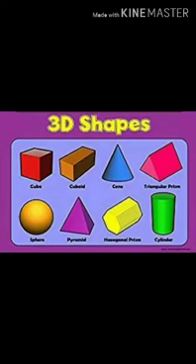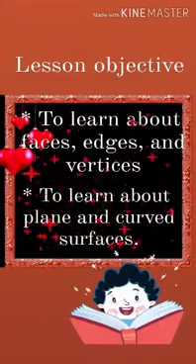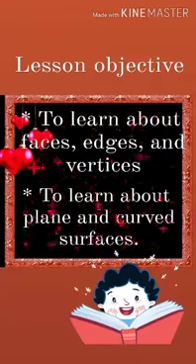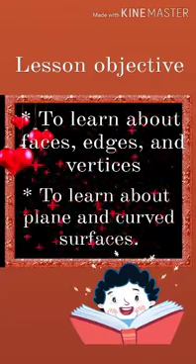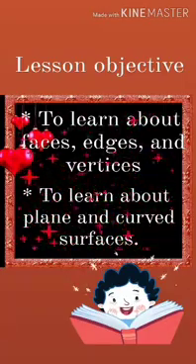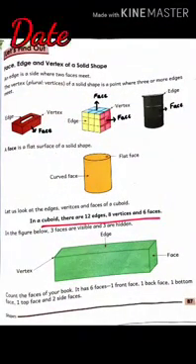Now today we will learn some more concepts about 3D or solid shapes. So the objective of today's class is to learn about faces, edges and vertices, and to identify plane and curved surfaces. So my dear children, open your maths course book at page number 87.